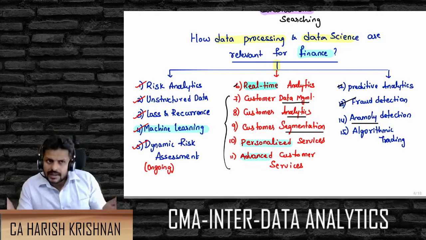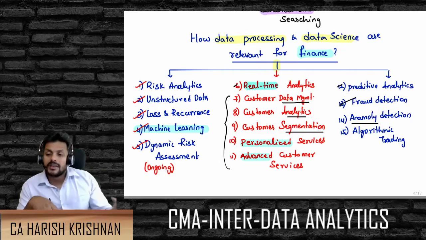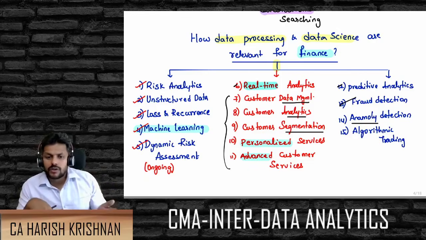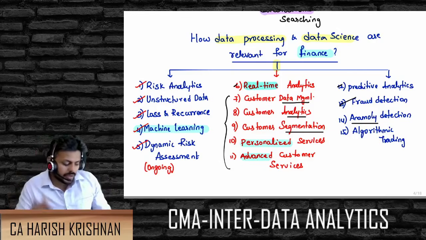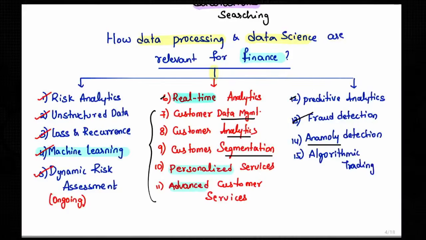For all that, the background work will be done by the AI tool itself, using machine learning and in fact deep learning. And then it realizes when to process those buy orders or sell orders in the stock market. So 5, 5, 5, if you split it like that, all 15 points, you can revise carefully. Take a look at how data processing and data science are relevant to finance.